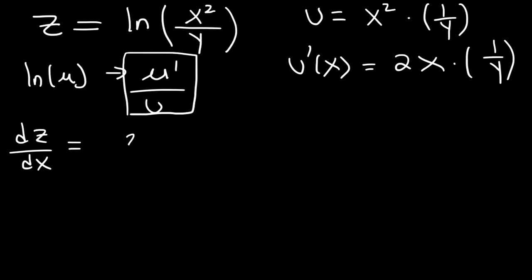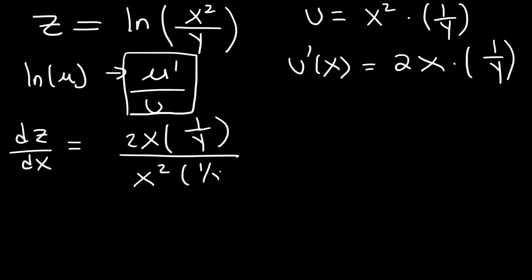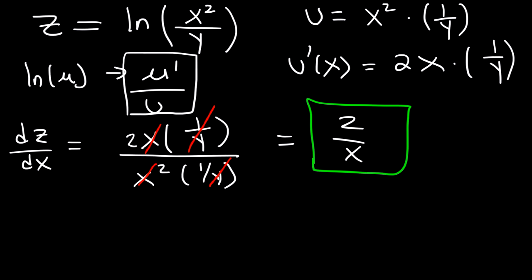U prime is 2x times 1 over y, divided by u, which is x squared times 1 over y. So we can cancel 1 over y, and we can cancel an x. So we're left over with 2 divided by x.